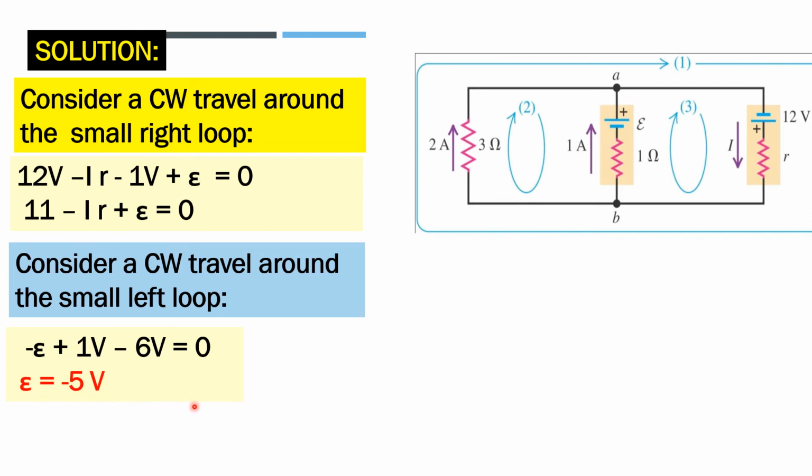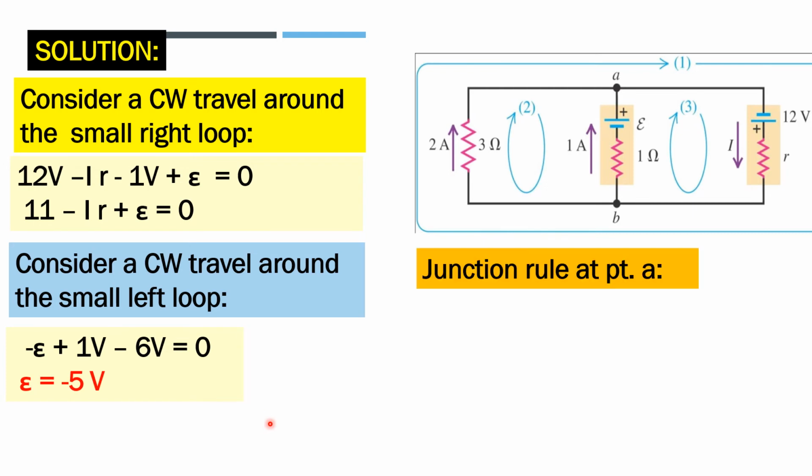So, the next thing that we're going to do for our third step is to use the junction rule. The junction rule is to be applied at one of the junction points, which is point A. Here is point A in the diagram.